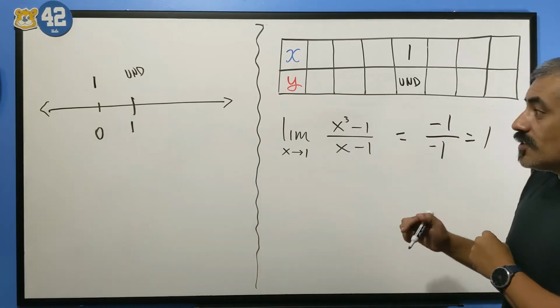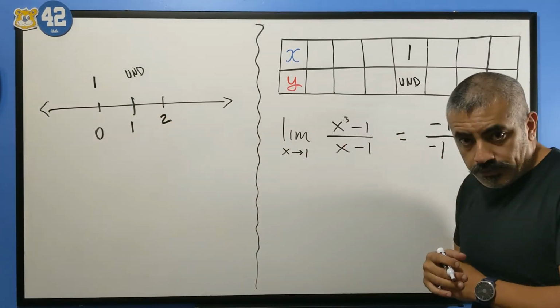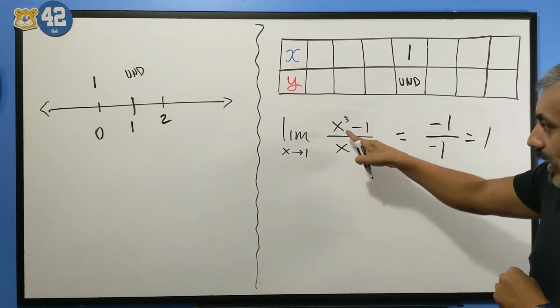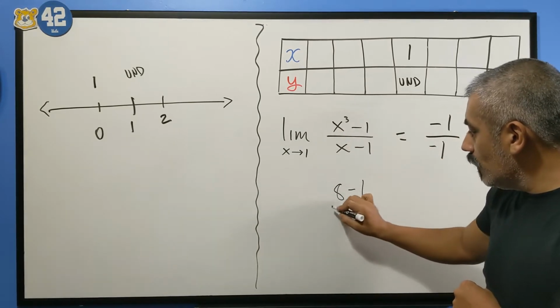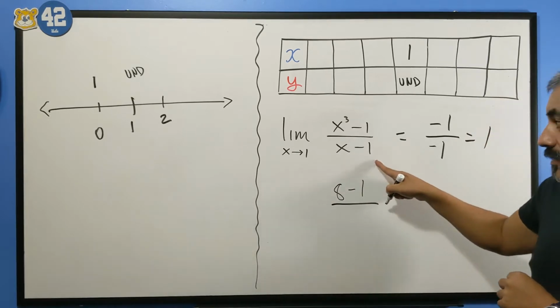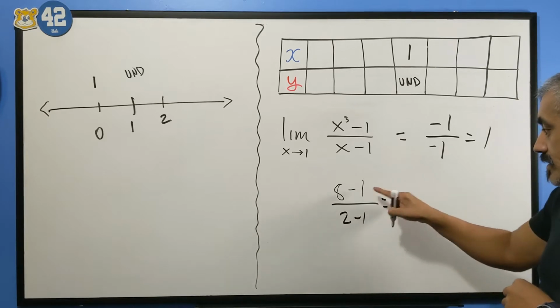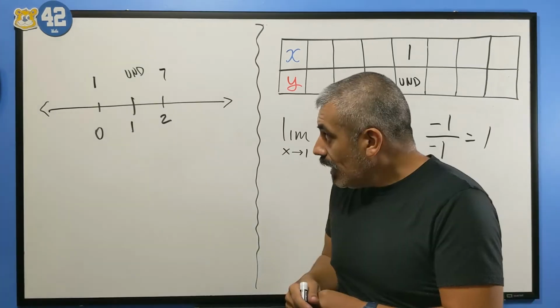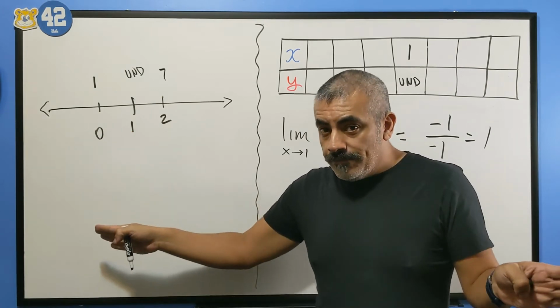On this side of the function, that means the value would be 2. What is happening at 2? So if we plug in 2, we're going to get 8 minus 1 on the numerator, and we're going to get 2 minus 1 on the denominator, and we end up getting 7 over 1, or just 7. What my function is doing at 1, I am not sure.